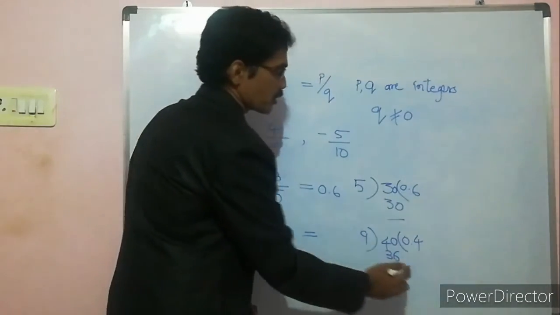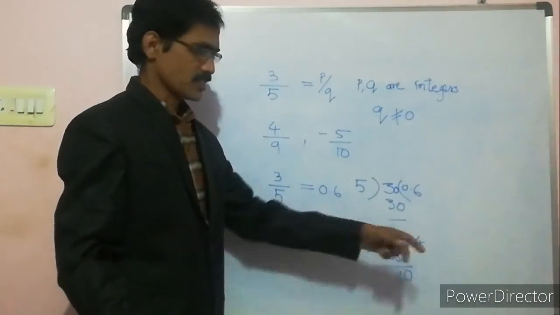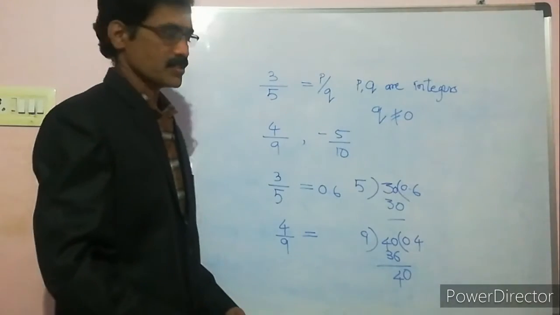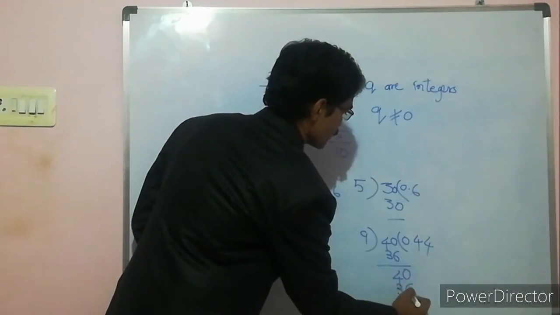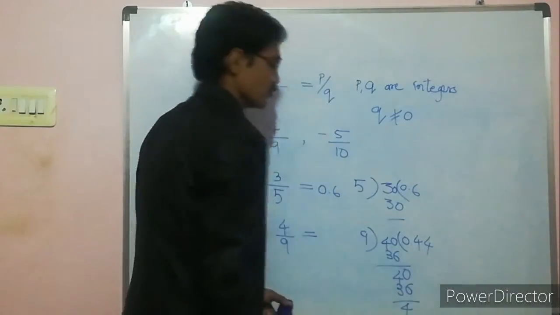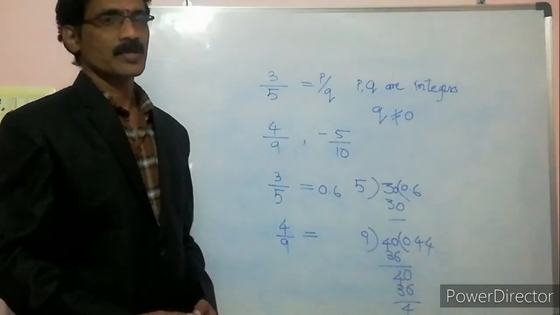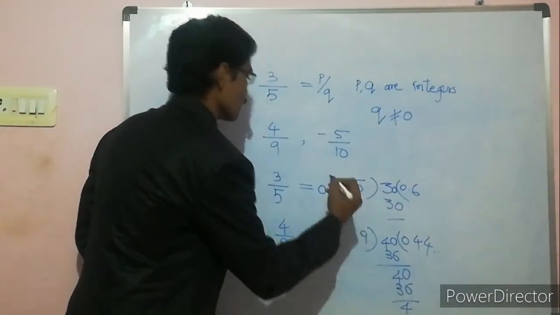It is again not possible to take 0 because already you have kept a decimal in the quotient part, so you take as many zeros as you want. Again 9 times 4 is 36, and again you will get 4. So it will go on, 0.444, so you can write 0.4 bar.